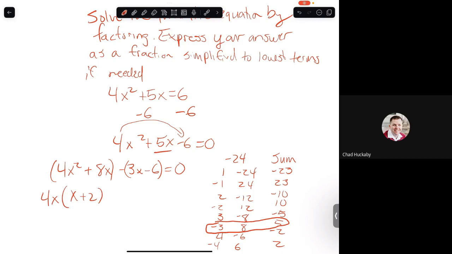Yeah, we want to factor out a negative 3, and that gives us x plus 2. And now we have an x plus 2 in common, so we can factor that out, and we get x plus 2 times what's left, 4x minus 3 equals 0.